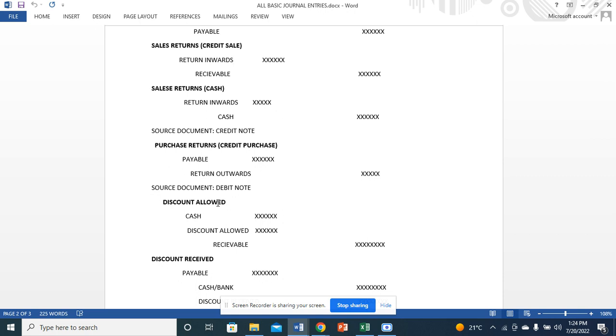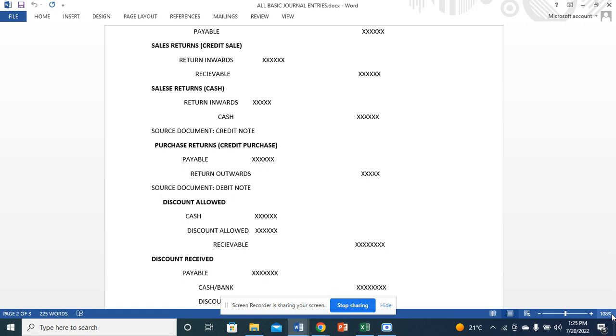Discount allowed is like an expense to you because you are losing money. So that loss of money, the discount, is debited to your account. And also the cash will be debited. Your receivable is reduced, because once they hear that discount, they're going to pay, and that's a reduction in the receivable.